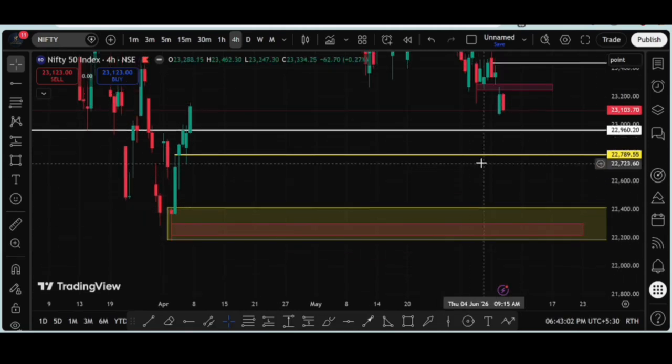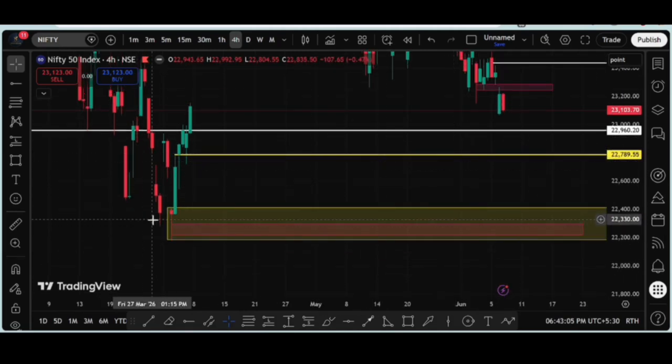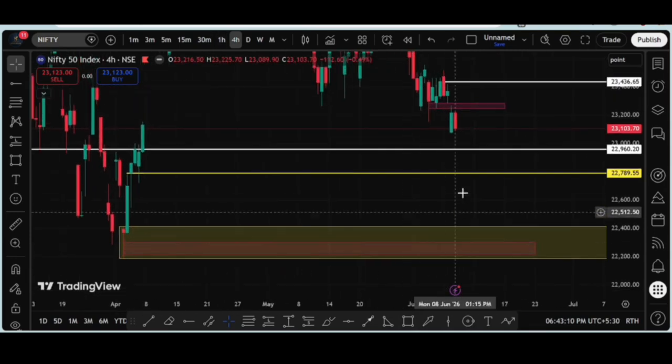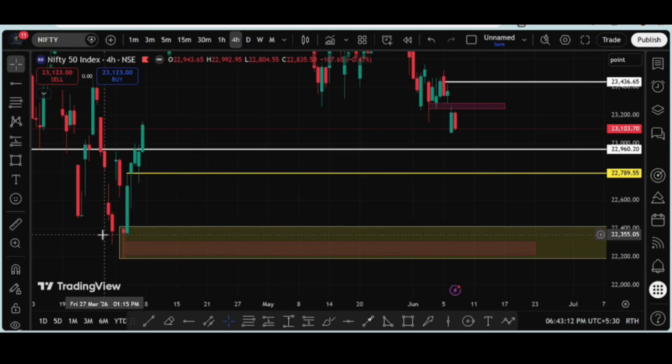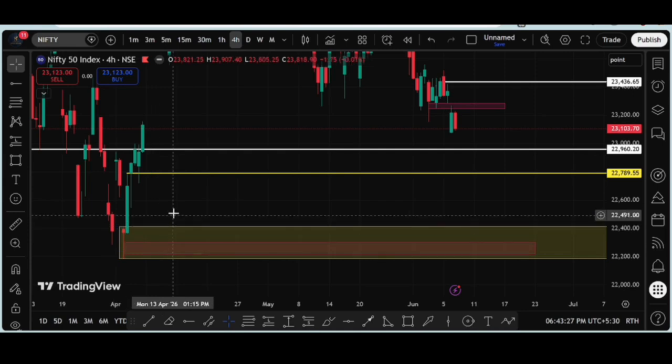And also, if this target can't be held in the 4 hours time frame, here is one order block. So once it breaks this level, we will see this level as our target, which is 22,400 to 22,200. So inside these 200 points, the market can touch any level.